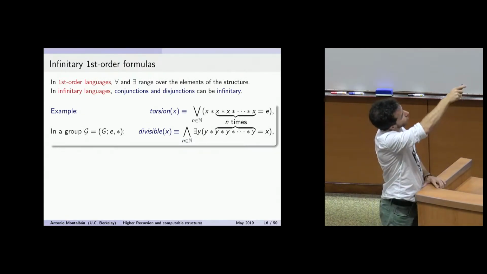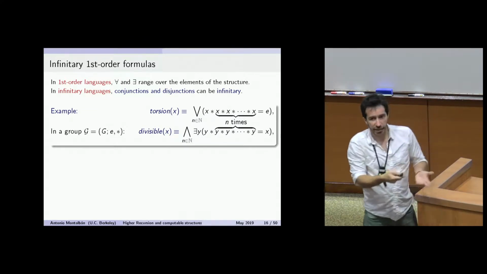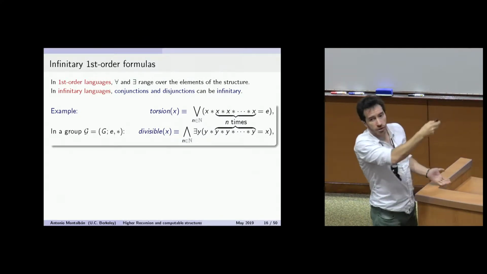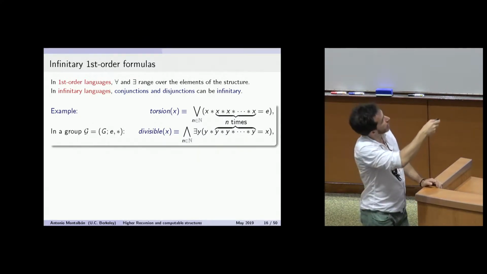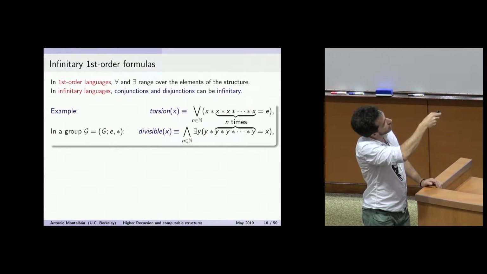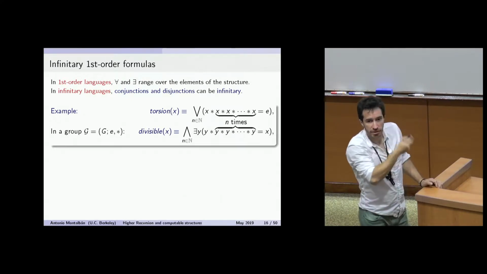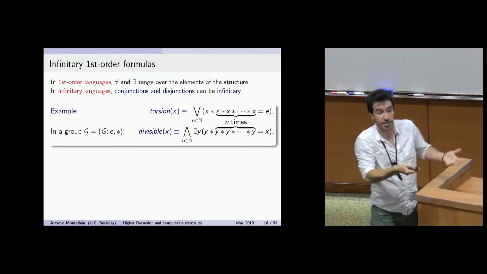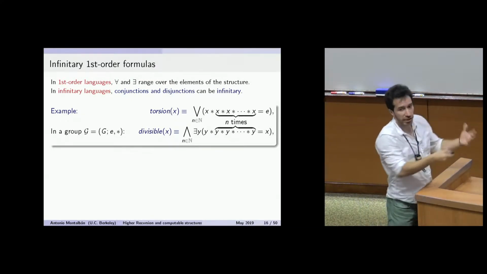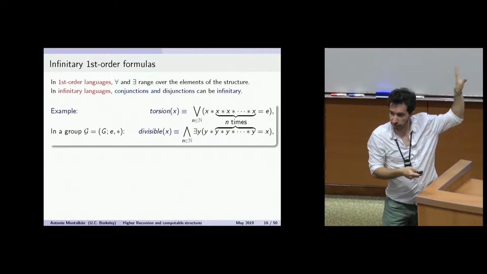So the or and the and are kind of like an exists or a for all, right? Except that this exists here is over n in the natural numbers, and here we're talking about the structure of groups. So we don't want to do exists in the natural numbers. We're only talking about the structure inside this particular language.